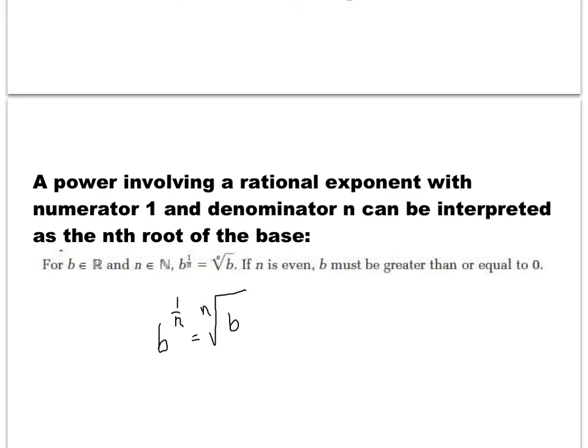And remember that b without exponent by default is 1. So b root n is the same as b exponent 1 over n, where b is any real number, n is a natural number greater than 0, and if n is even, then b has to be greater than or equal to 0. This is our definition of rational exponents.